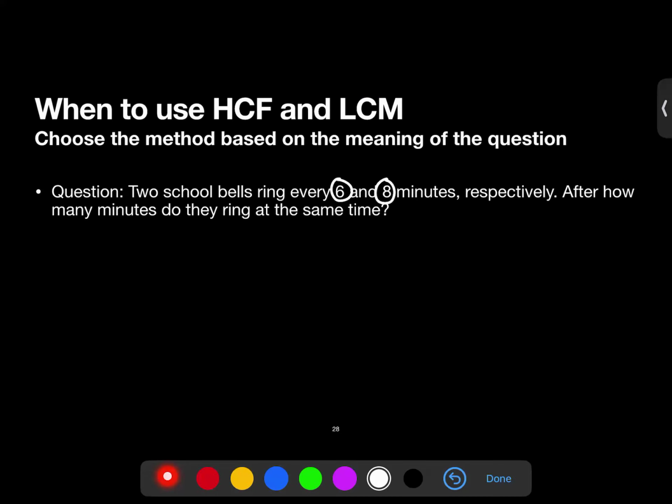So here it's clearly a division problem. We want to split the 24 red balls and the 36 blue balls into groups. So we want to divide them into groups. So we'll start by finding the highest common factor of 24 and 36.